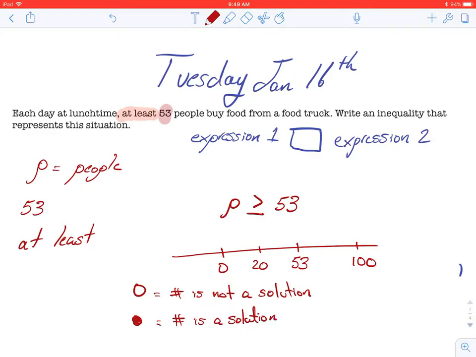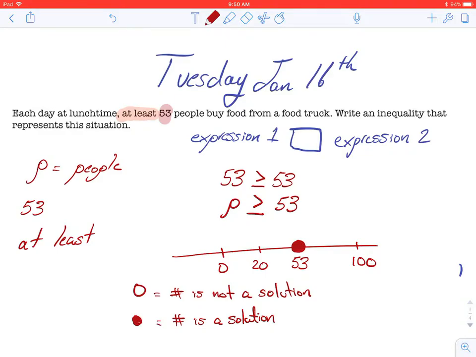So now I have to ask myself, is 53 itself part of the solution? If I were to put 53 in for P, is 53 greater than or equal to 53? It's not greater than, but it is equal to. So therefore, I'm going to use a closed circle at 53 to show that it is part of the solution.